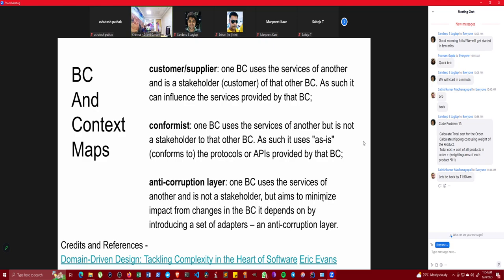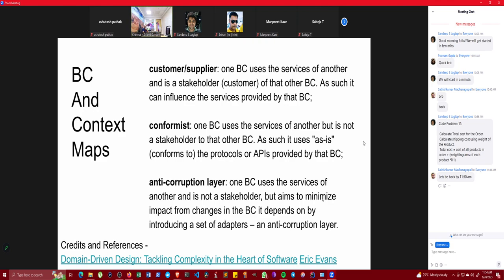A very good example could be, let's say we have a customer bounded context, and we have this product detail section.